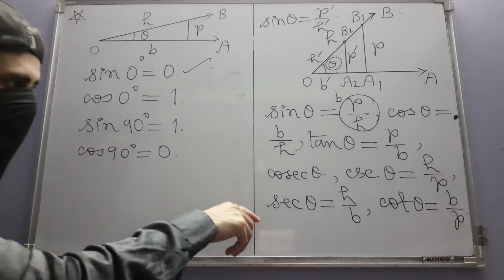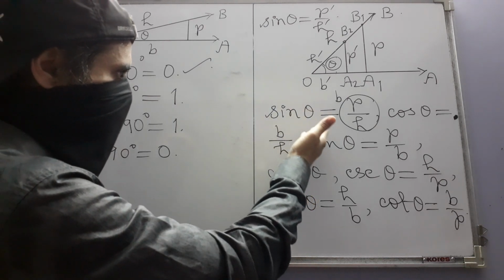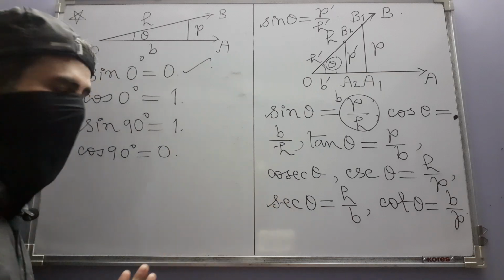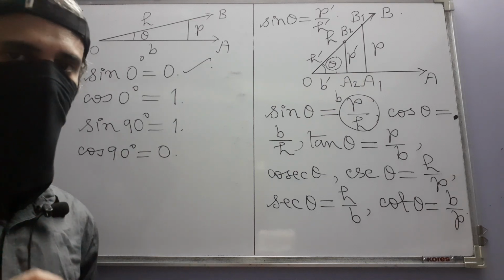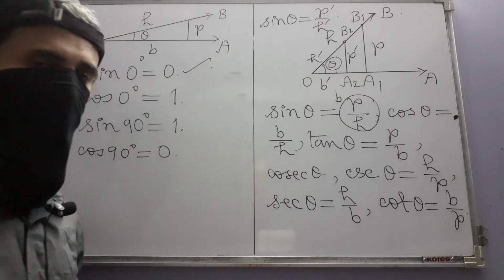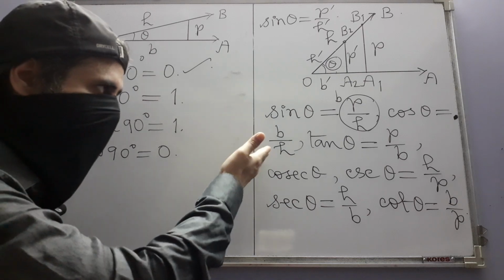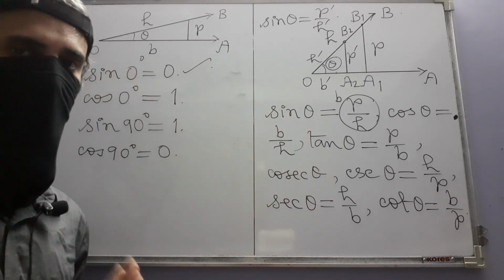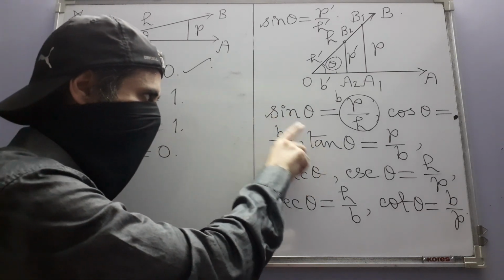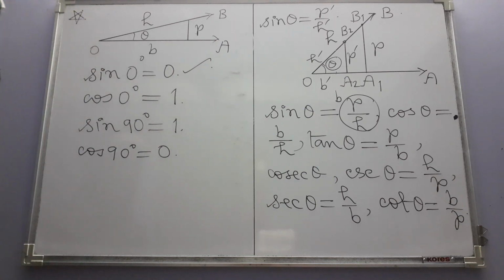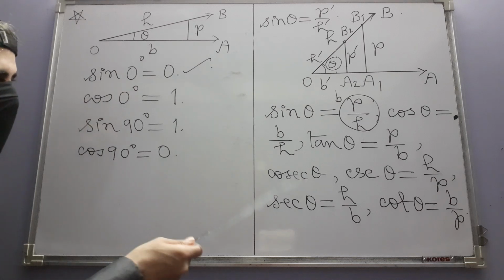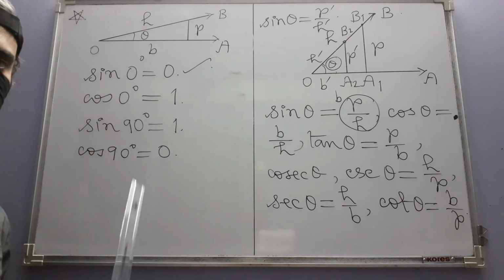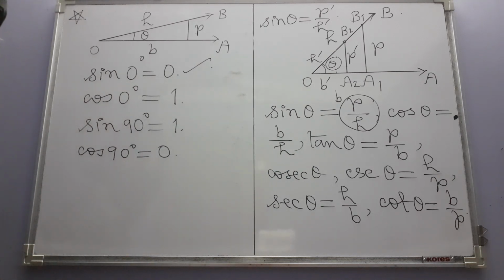Now from these definitions one can clearly see that sin theta divided by cos theta is tan theta. Even if that is not a definition of tan theta, it's a relation that is a consequence of these definitions. If you define sin theta, cos theta and tan theta like that, then it turns out that tan theta is sin divided by cos. Now using that relation, you can extend all the other ratios to these two angle values.